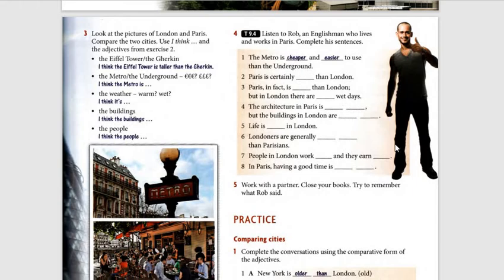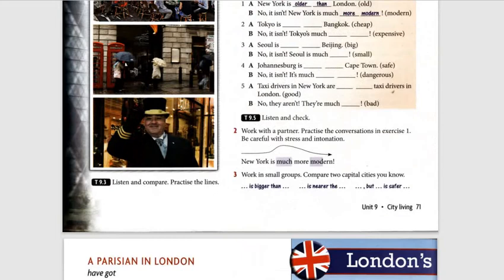So we have to fill these blanks with comparative adjectives, and you have to work with a partner, a colleague, and ask him questions, to make a comparison between two cities, two countries, two things, two persons, and try to make an exercise like this. And practice the following practice here.